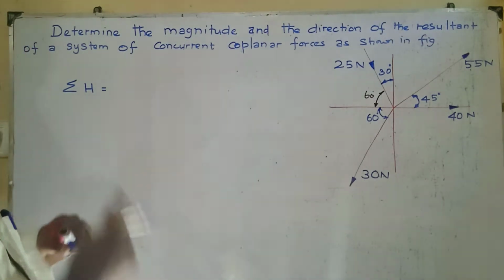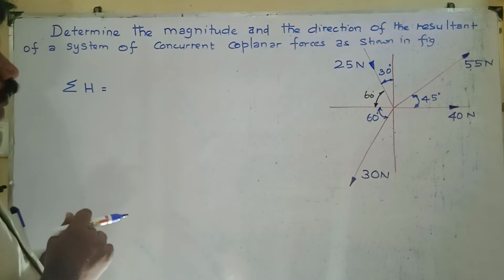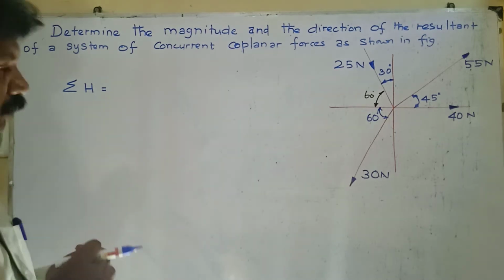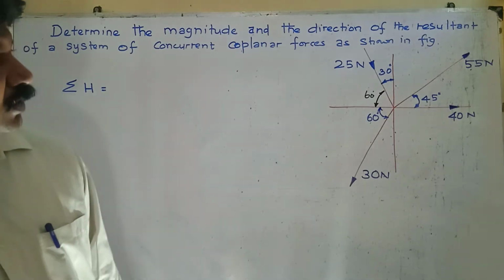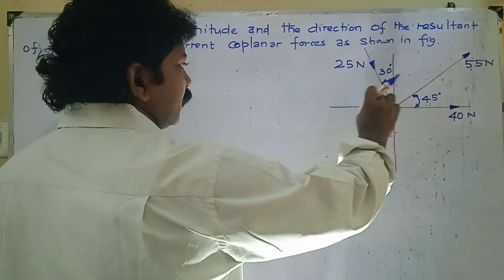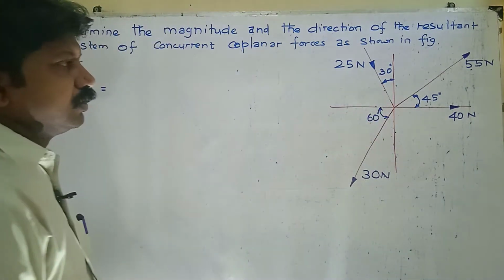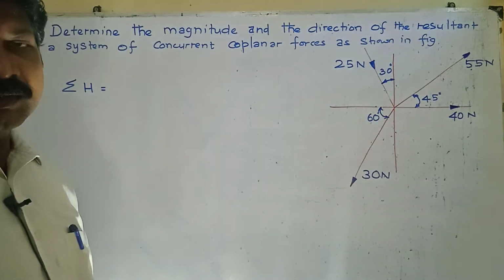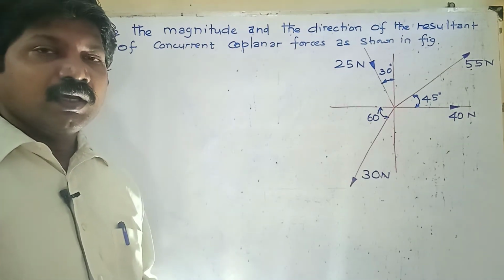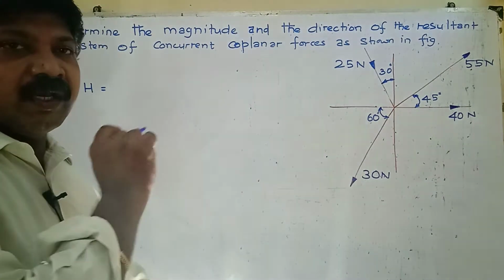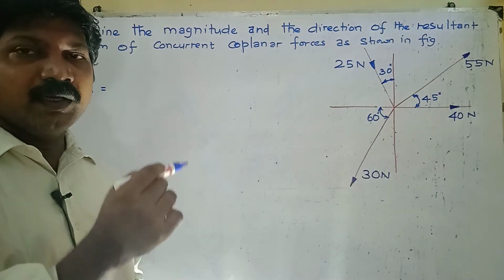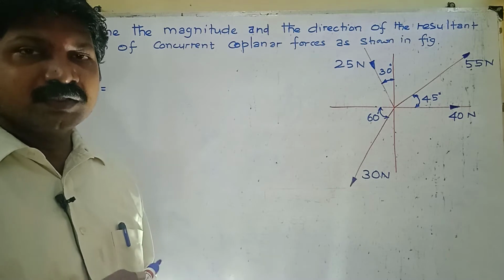Before finding sigma H, first you have to write all the angles with the x-axis. You know, we have already discussed: for sigma H, all the angles cos, and in sigma V, all the angles sine.